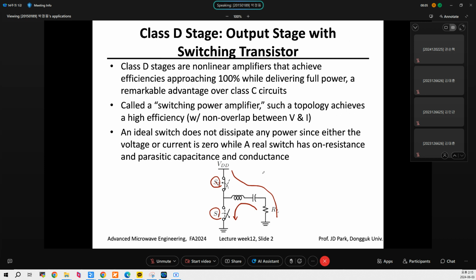This Class D amplifier is nothing more than just an inverter. That's just the basic concept. Once we put a certain amount of power, then this switch is on, so it charges through this resonance circuit. Since this resonance circuit is operating at omega 0, right?